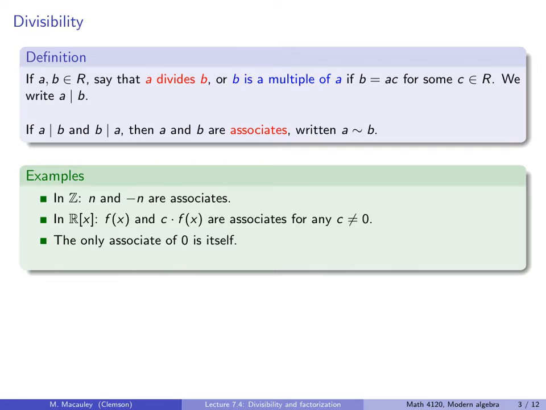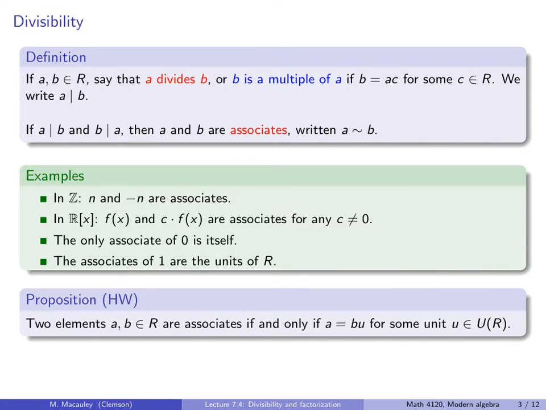In any ring, the only associate of 0 is itself. Finally, the associates of the multiplicative identity 1 are the units of R, and that holds in any ring. Well, actually, I should say any integral domain, because that's the blanket assumption here.